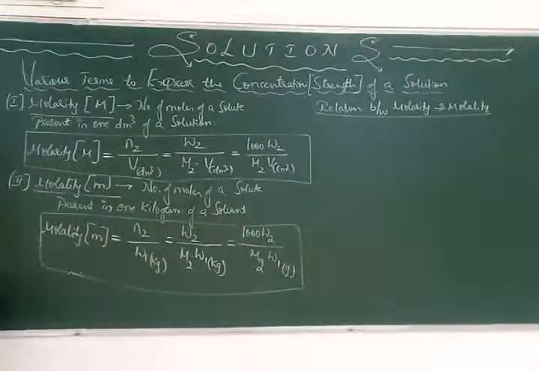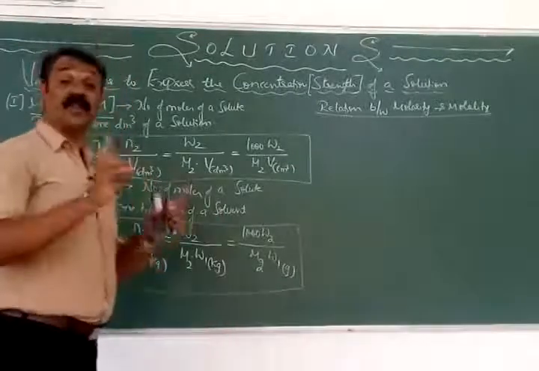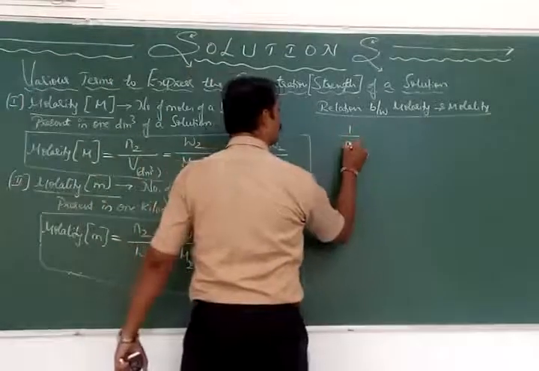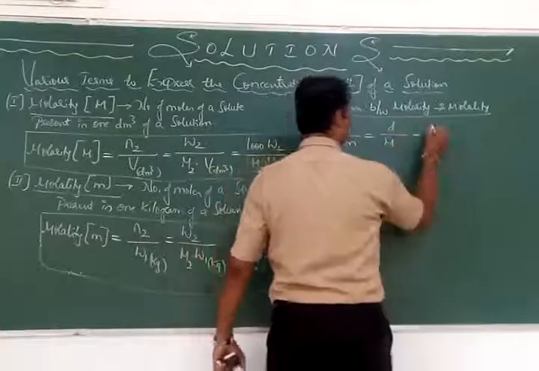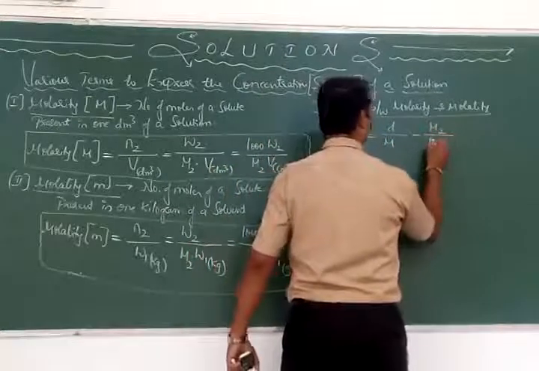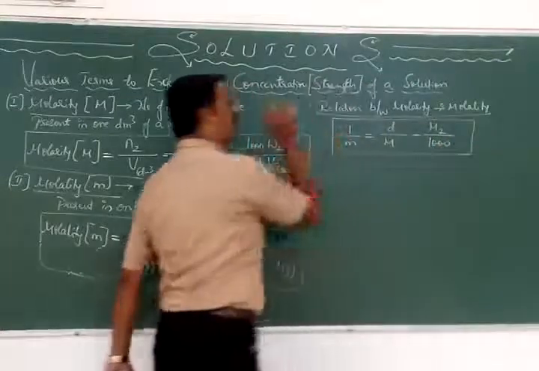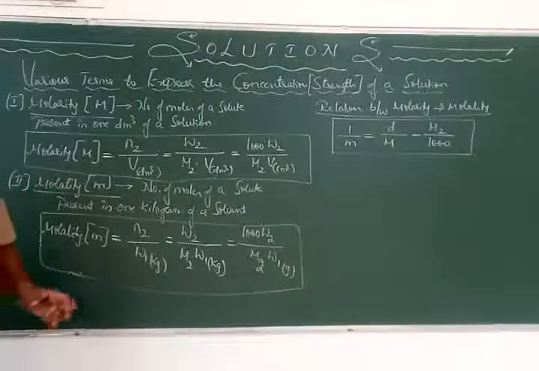There is a difference with respect to the density. If that be the case, we can have the relation: 1 by m is equal to d by capital M minus M2 divided by 1000. This is the relation between the molarity as well as the molality.